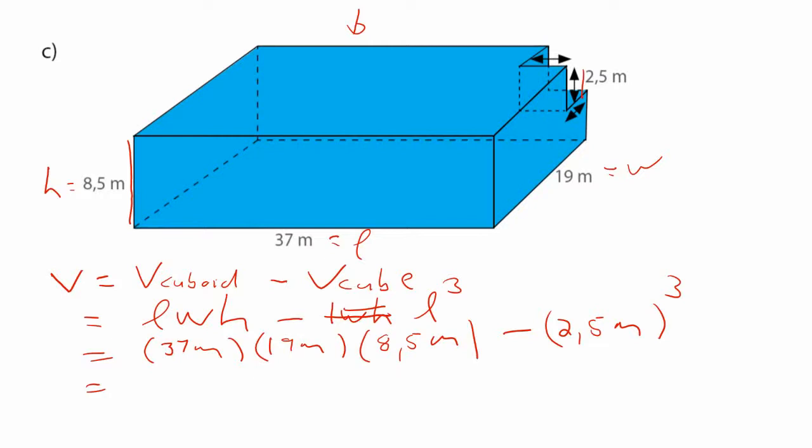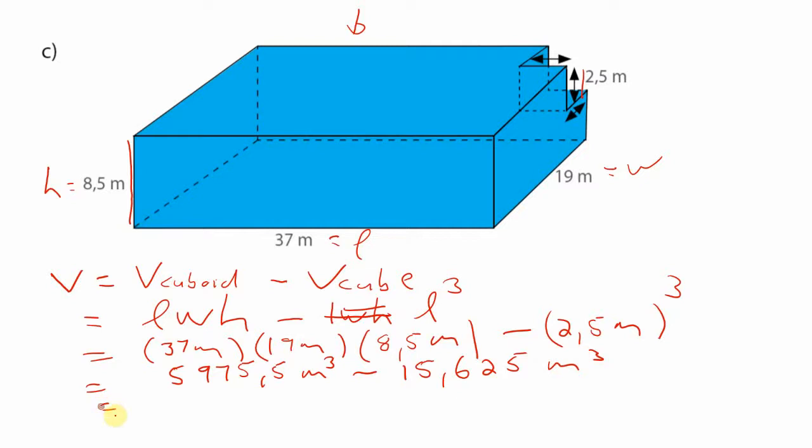So we have 37 times 19 times 8,5, which results in 5,975,5. Meter times meter times meter is meter to the 3, minus 2,5 times 2,5 times 2,5, or 2,5 to the power 3 is 15,625 meter to the power 3.